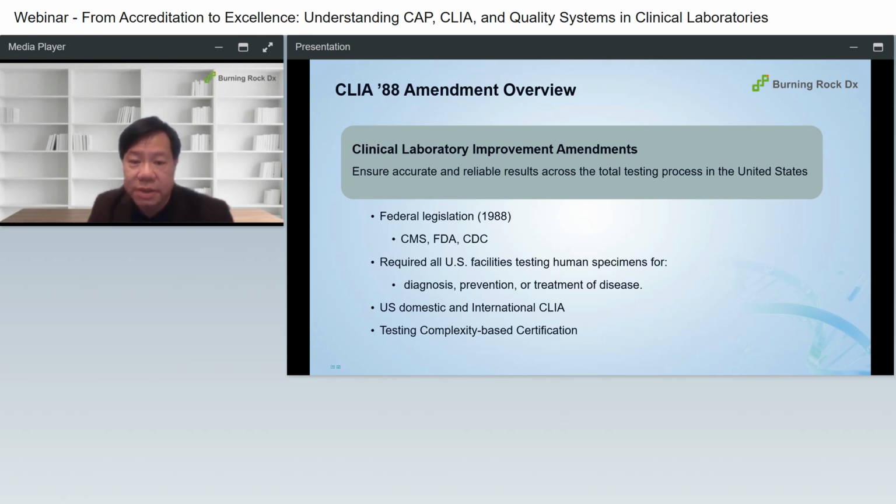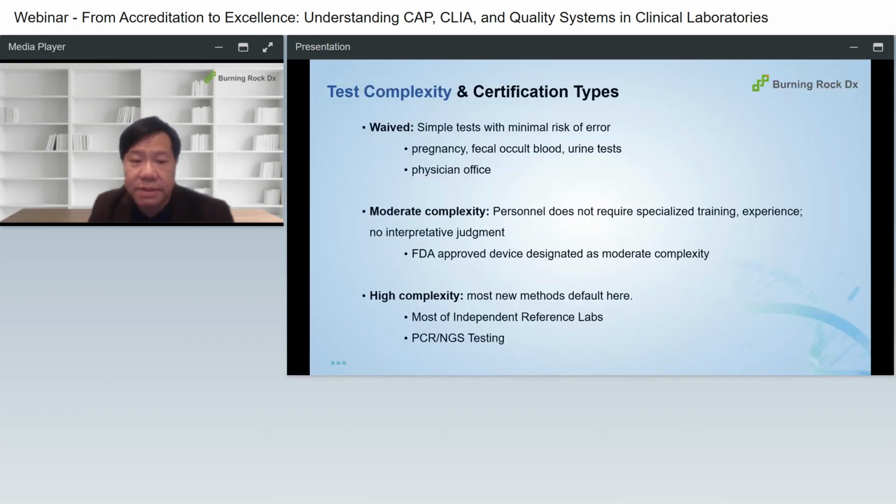The certificate is test complexity based. There are three major categories: waived, moderate complexity, and high complexity. A waived license is for simple tests with minimal risk of error, for example a pregnancy test, tests done in a physician's office, or a basic urine test. For moderate complexity, the difference is that personnel do not require specialized training and experience, and the test has no interpretive component.